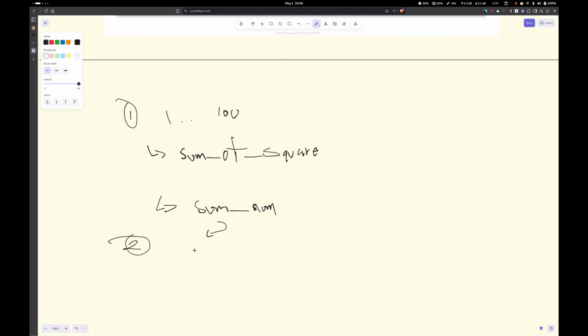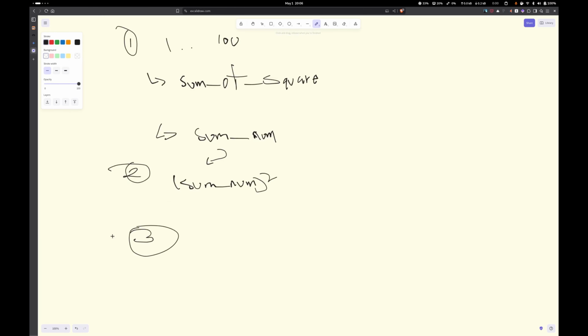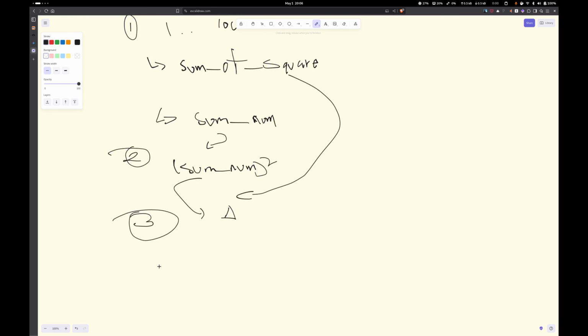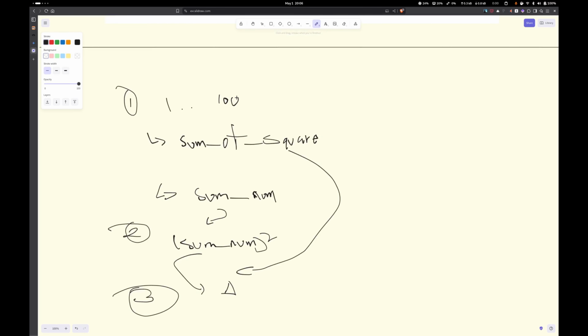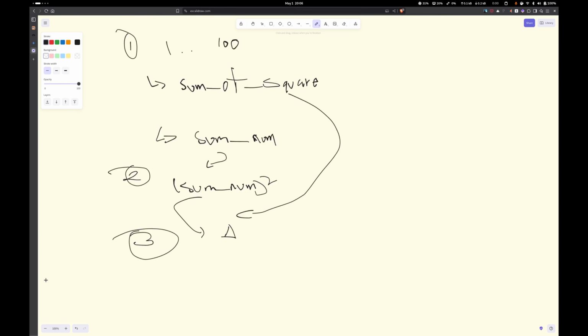Then square sum num, and just take the delta between the two of these, and then just echo the number, I think. Unless I am royally wrong, I think that's it.